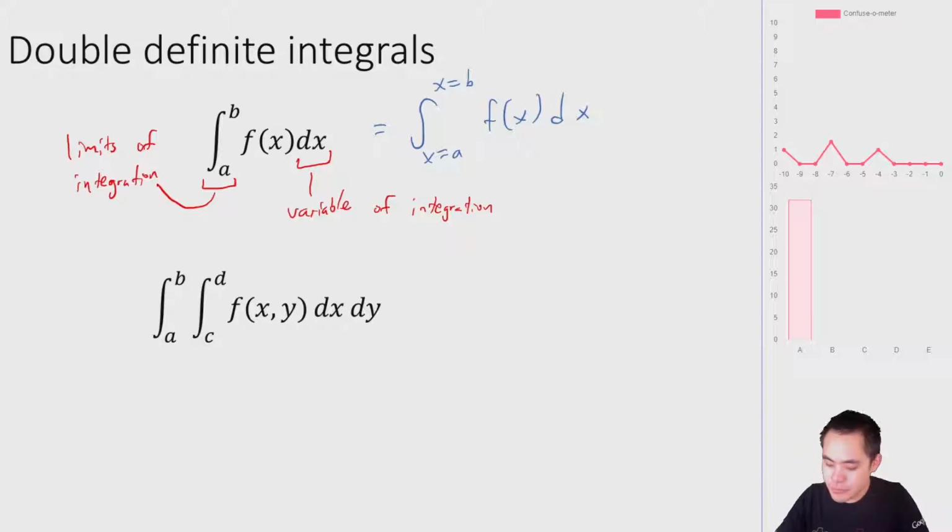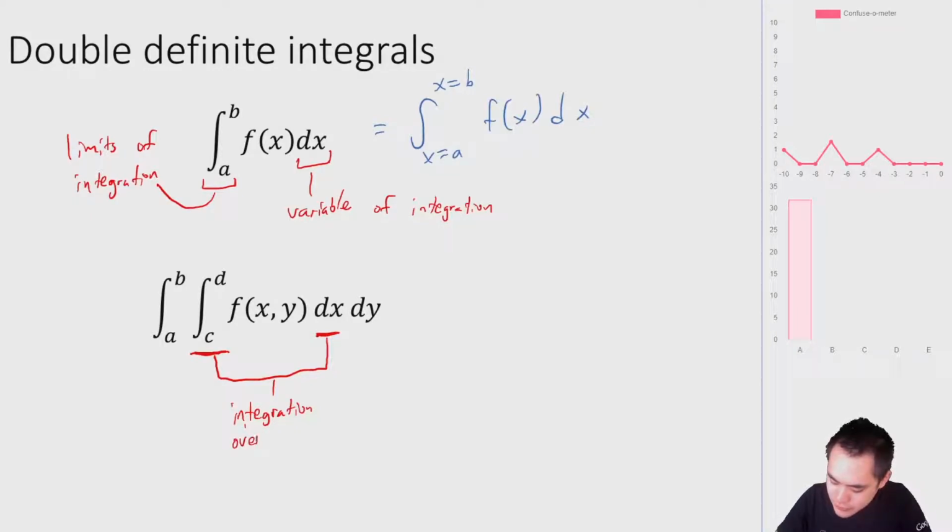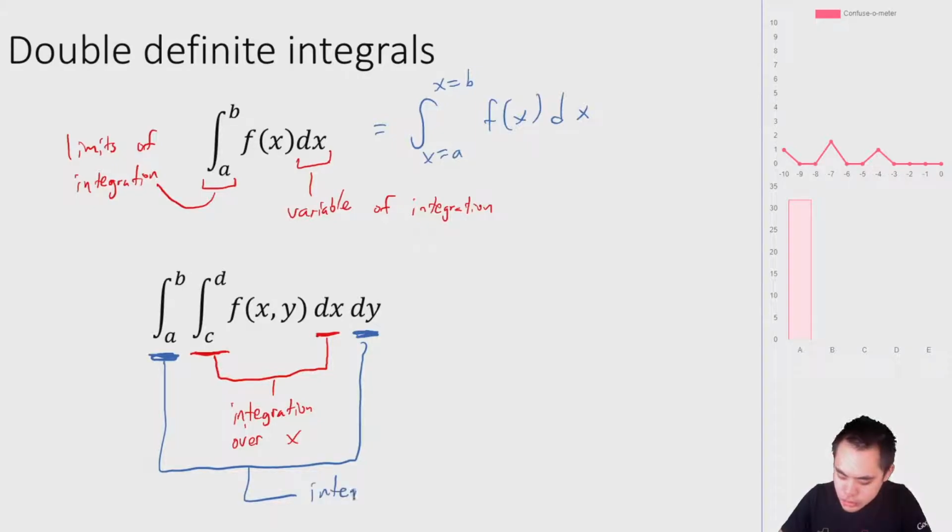When you do this, it starts out easy. First, you have integration over the x variable. Then you might do it again and integrate over the y variable. Sometimes it's useful to write this out more explicitly.